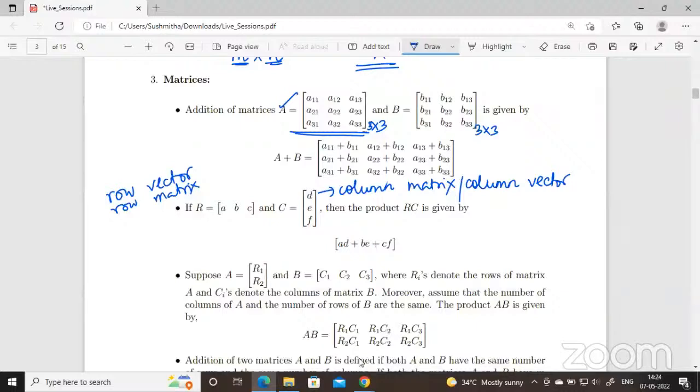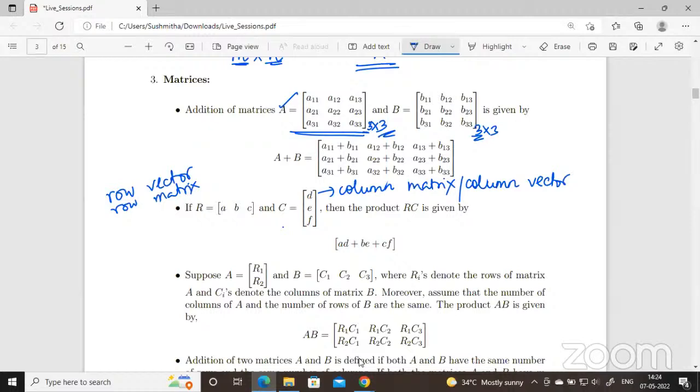We compare the column of the first matrix, 3, with 3 in the second matrix, which is a row. Why are we suddenly jumping the sequence?